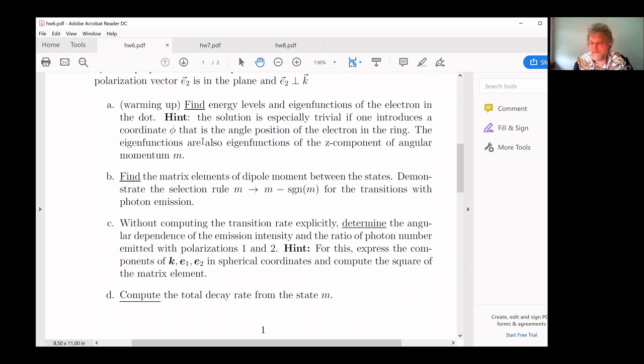But okay, to give another hint, we have an electron which goes in the dot, so it stays in the XY plane, right? So I personally don't expect any Z component. Good. Selection rule needs to be demonstrated.